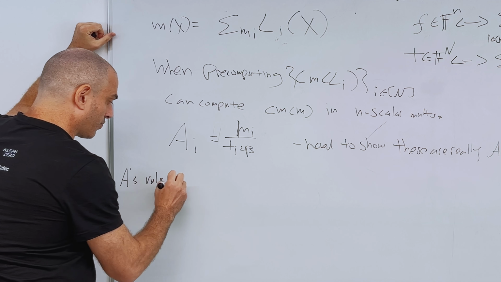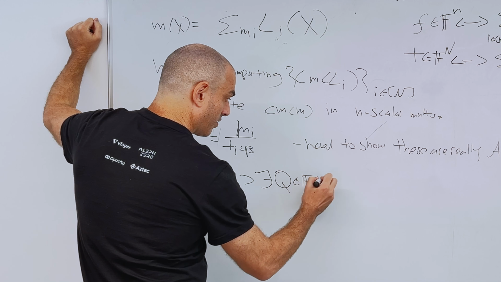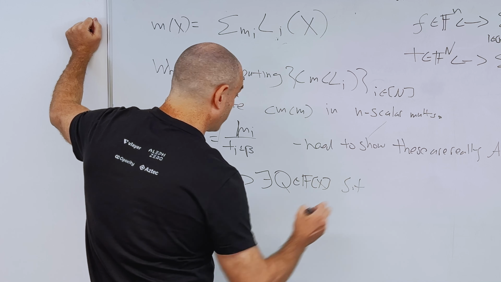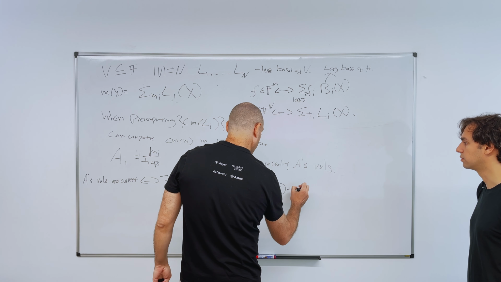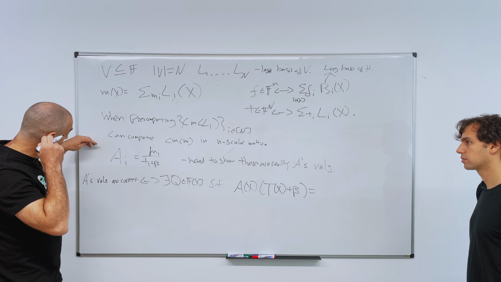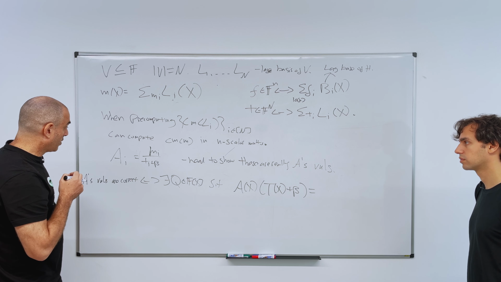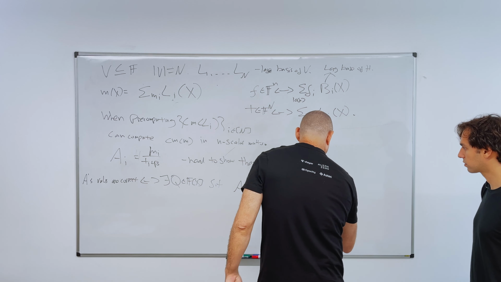So what we can say is that A's values are correct if and only if there exists a quotient polynomial Q such that A(X) times (T(X) plus beta) equals Z_V(X) times Q(X) plus m(X).